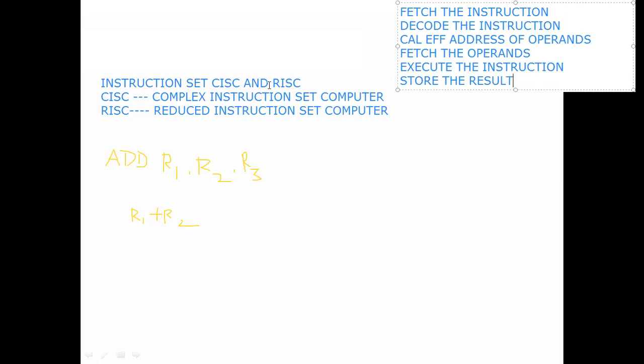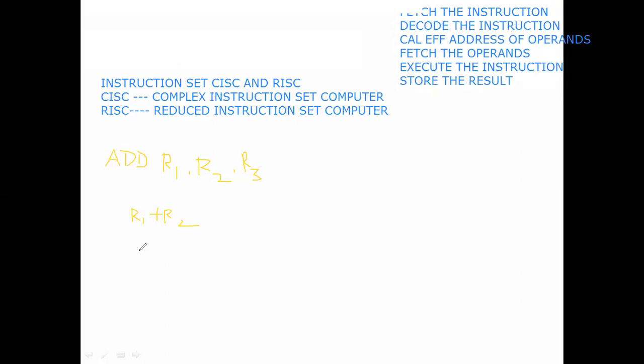So here, all the steps are followed. The important ones are addition of R1 and R2, and the second one is the result is stored in R3. That is, R3 equals R1 plus R2.